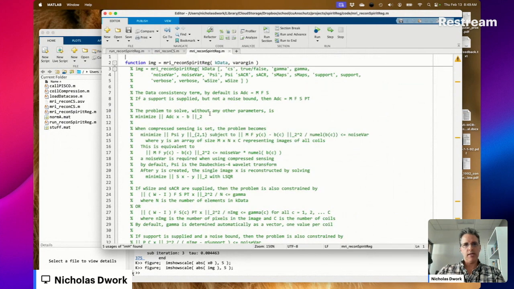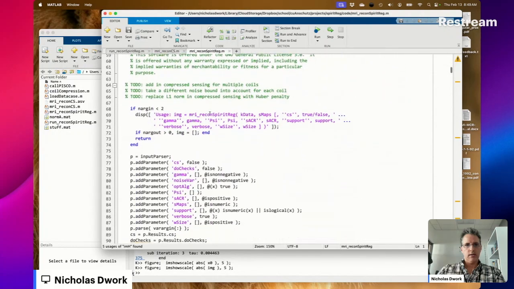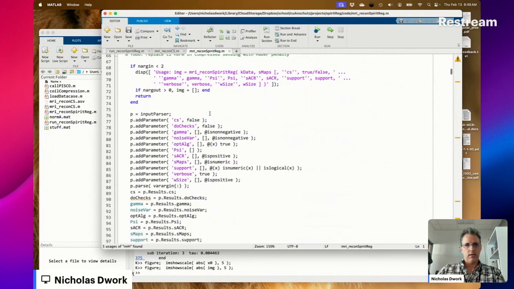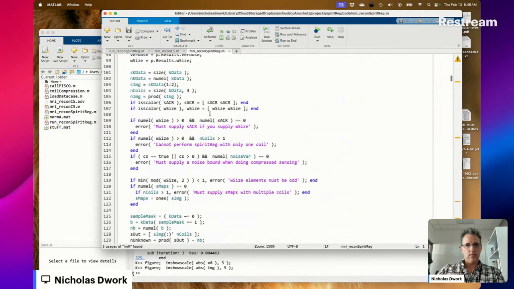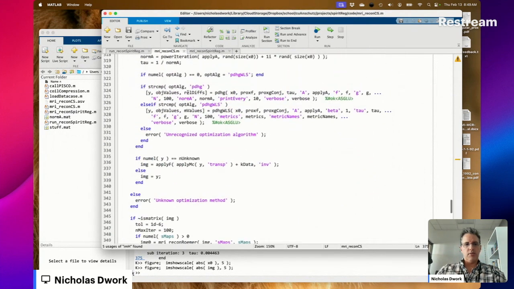Recon SPIRiT reg. Where were we at? I thought there was a place where, okay, what if we supply lambda?